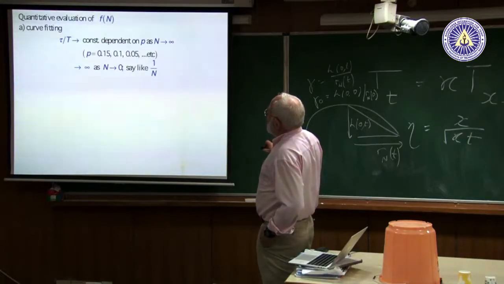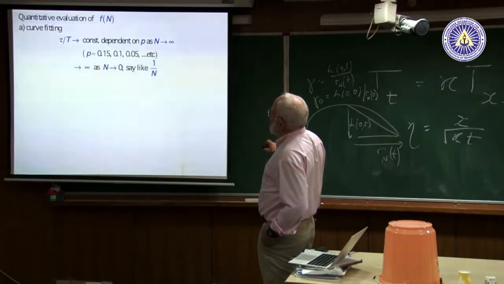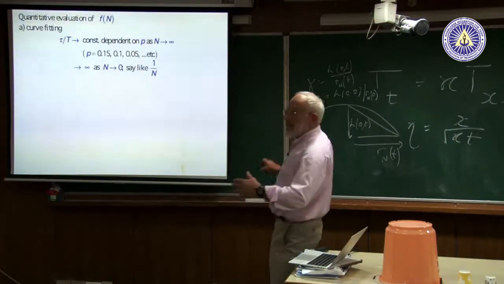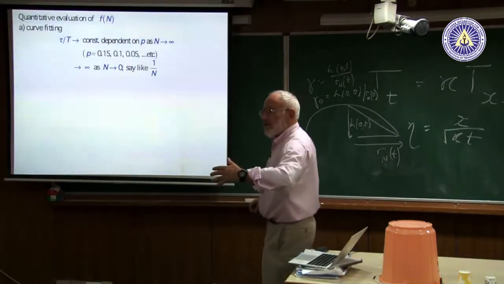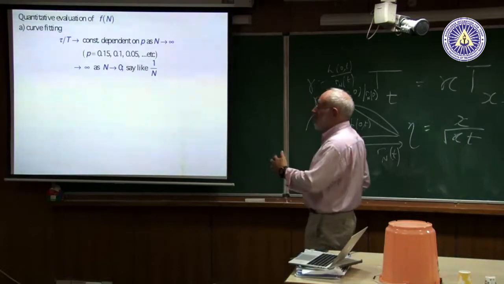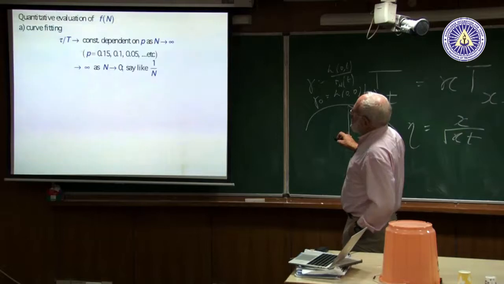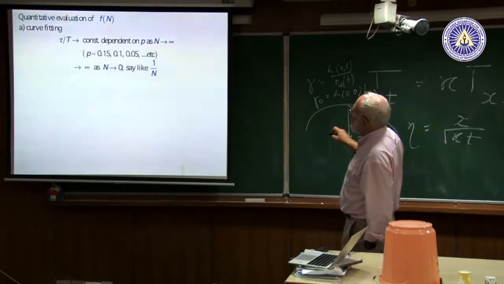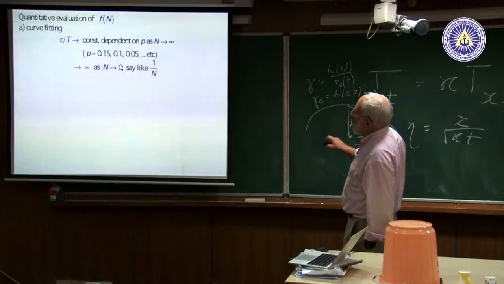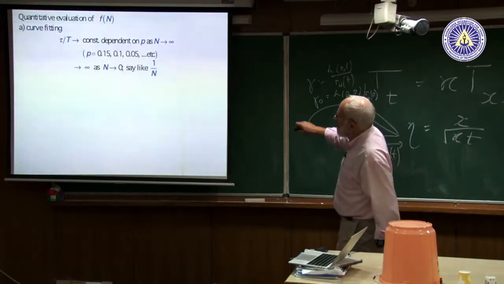What we've said is that the time to reach this new solution is proportional to capital T, the time it's been going. So it makes a difference whether you turn it off, as far as the solution is concerned, after 10 years or 10 minutes. It must go to a constant which depends on p because nothing else is there. As n goes to infinity, this is just curve fitting, and that value goes to infinity as n goes to 0.